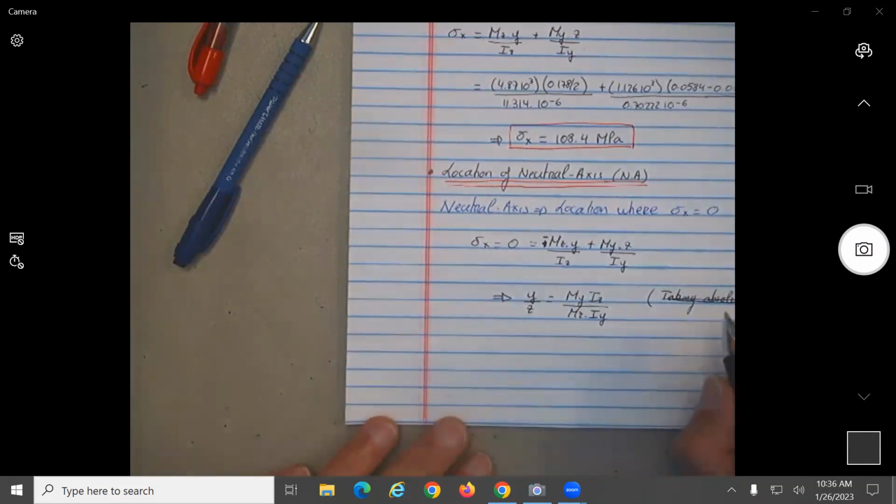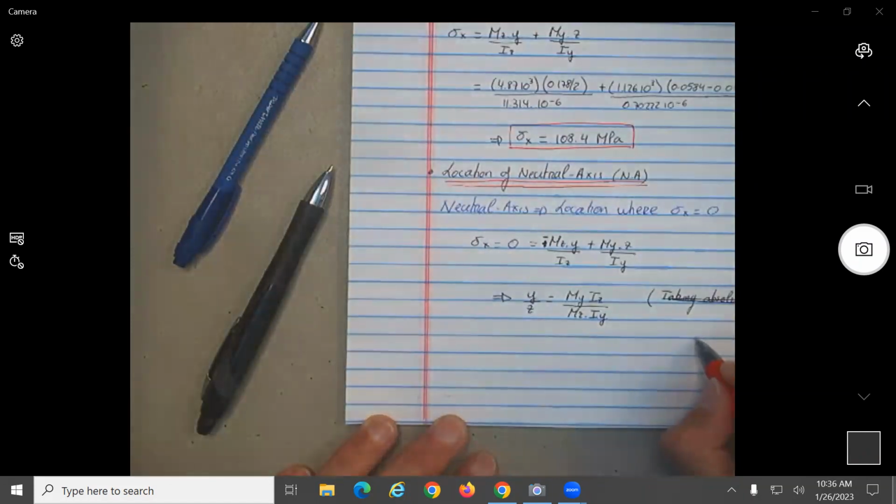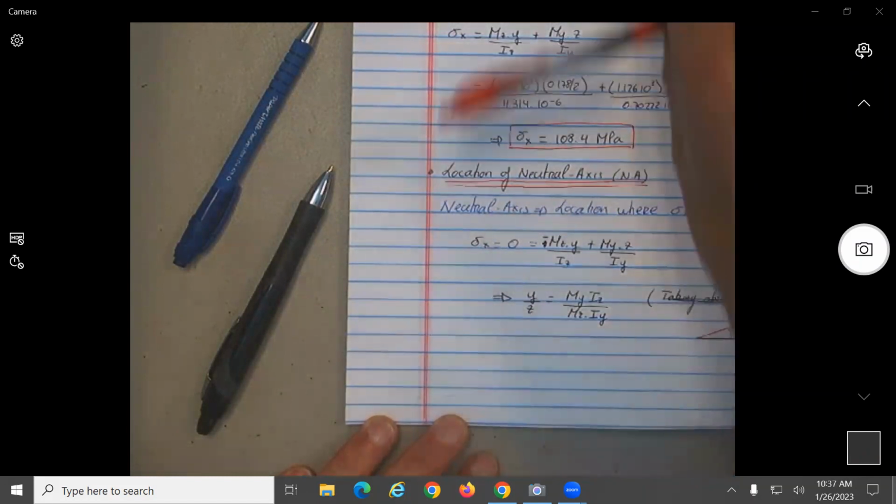If you remember the other day, when we did the derivation for all this equation, we said this is Y, this is Z, and we call this beta.